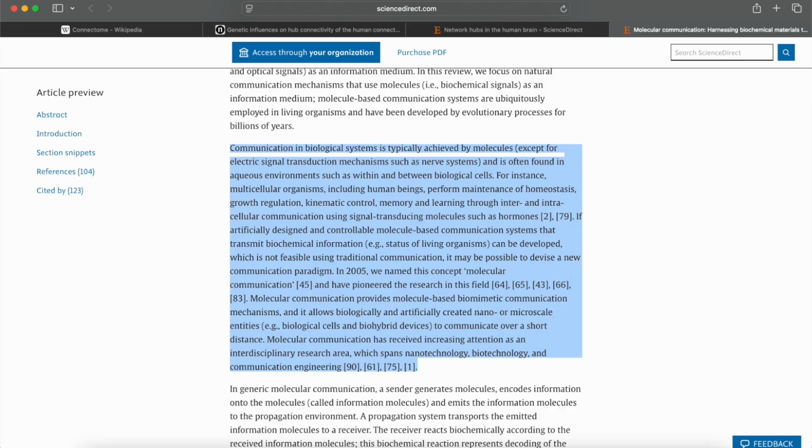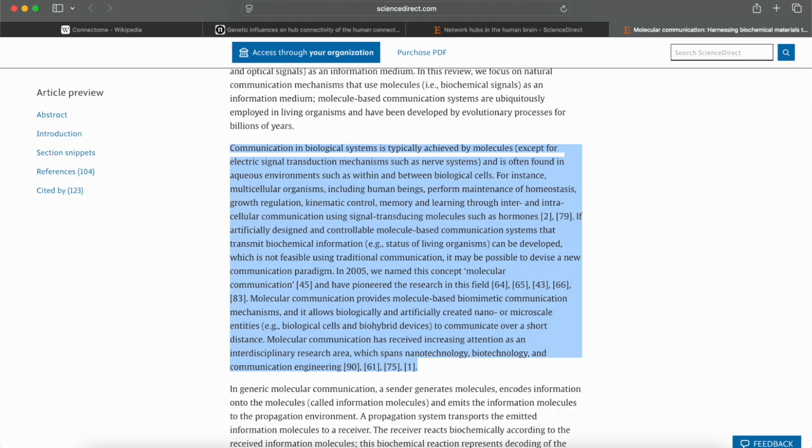If artificially designed and controllable molecule-based communication systems that transmit biochemical information, like the status of living organisms, can be developed, which is not feasible using traditional communication, it may be possible to devise a new communication paradigm. In 2005, we named this concept molecular communications and have pioneered the research in this field.